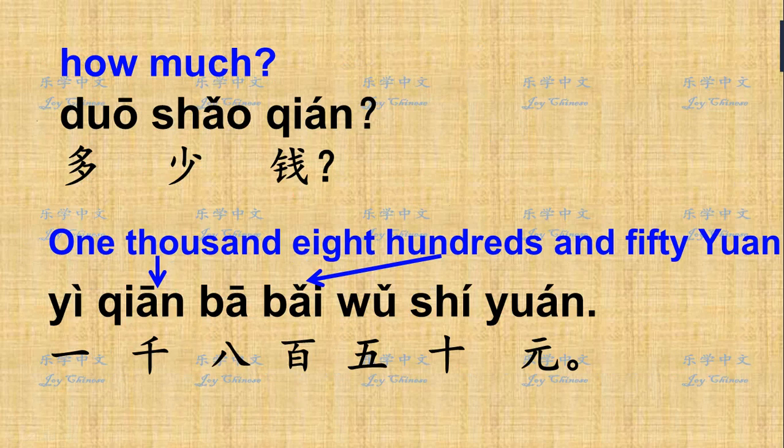So you just combine all of the individual characters related to the meaning, then you will get the number. 1, right? 1,000, 850. 5 plus a 10 is 50 yuan. 1,850 yuan. Okay, so this is the way you'll say how much you're going to pay for that.